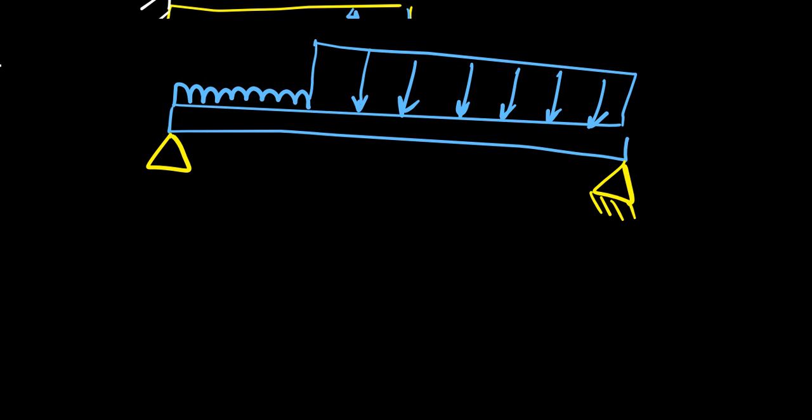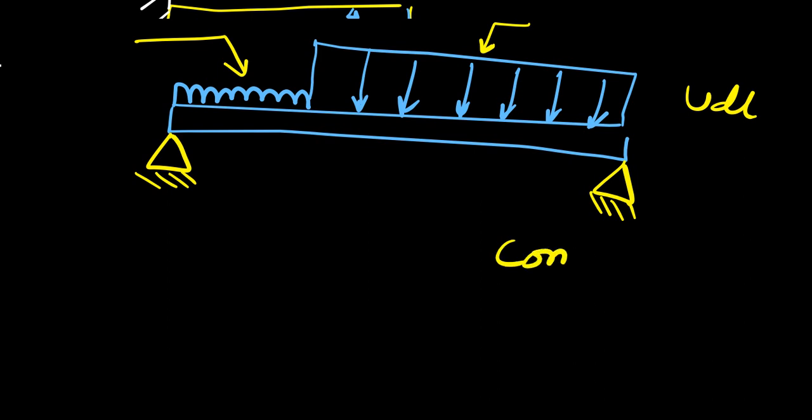In this case, the beam has distributed loads having different values. For example, this is one value and this is another value. Even though both are UDL, uniformly distributed loads, they have different values. So it's a discontinuity. What do we say? Discontinuity in loading.